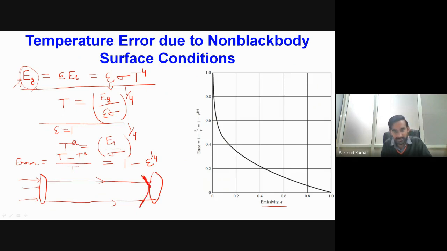For example, if I take a reflective mirror, it will focus these radiations onto some surface.